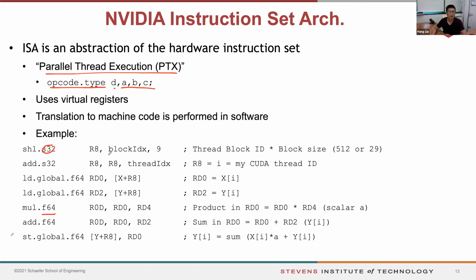For instance, in this code, we multiply the block ID by a factor f.